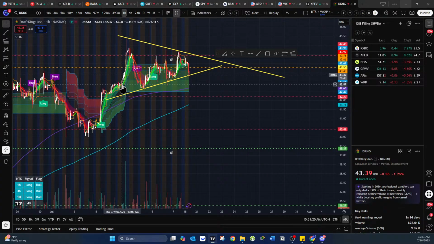Was it 919? Yeah, 919 at mid. Starter swing. And let me attach this chart. Basically need to hold 42. I won't take it below that.